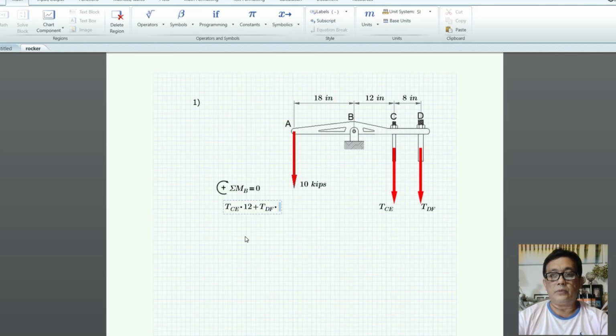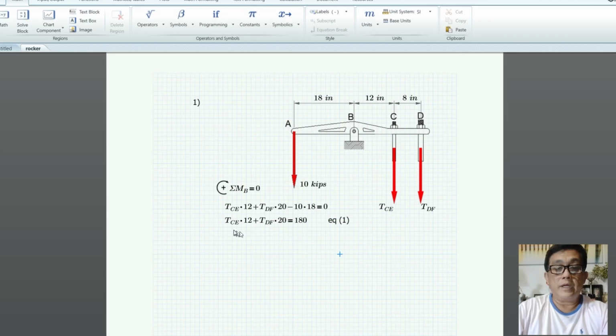The moment arm will be 12 plus 8, which is 20. And then the 10 kips force at A will create a counterclockwise moment. So that's minus 10 times the moment arm of 18 inches equals 0. Minus 10 times 18 is negative 180. And then we are going to transpose that to the right side of the equation, becomes positive. So let's call this our equation 1.